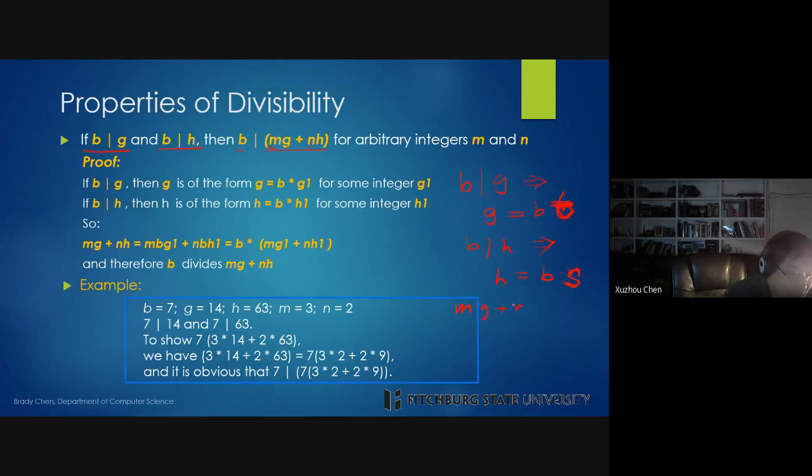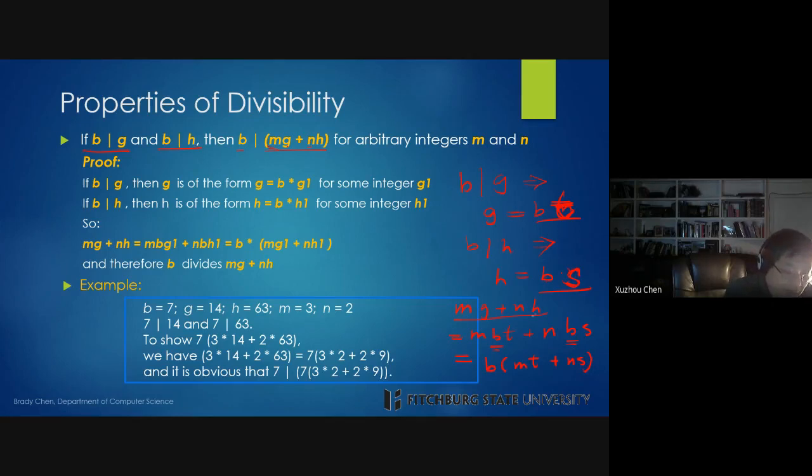MG plus NH equals B times MT plus N times BS. Okay, so that means if I take the common factor B out, it's B times (MT plus NS).